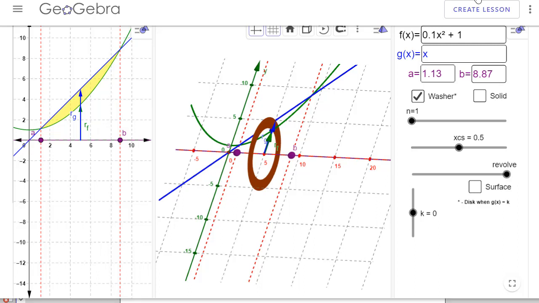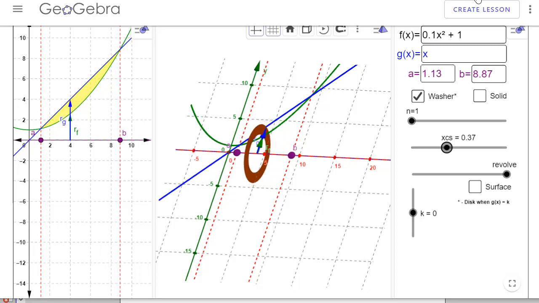If we take our x value, we can see in the graph over here to the right how the radius value, or the thickness of our washer, is changing by subtracting the inner radius from the outer radius.